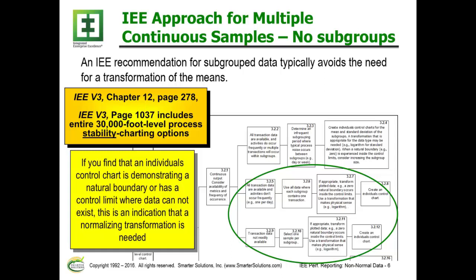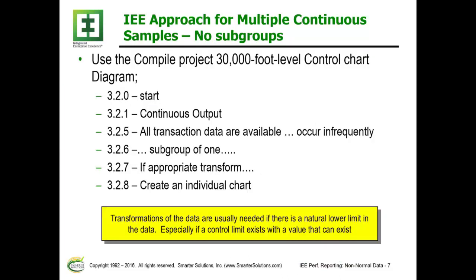Now, typically, whenever you're doing the subgrouping, you don't need to do one for the mean value because of the central limit theorem, but for other situations you will need to. For example, even though the mean value is stable and the log of the standard deviation is stable, you're actually dealing with raw data when you deal with your capability assessment, and that data may need to be normally transformed or log normally transformed.